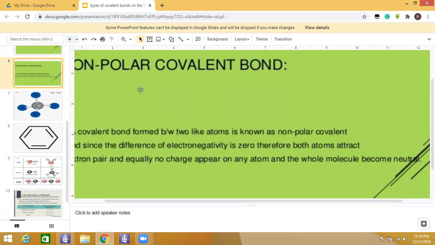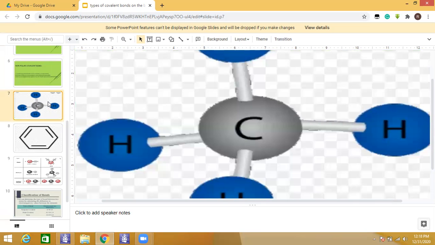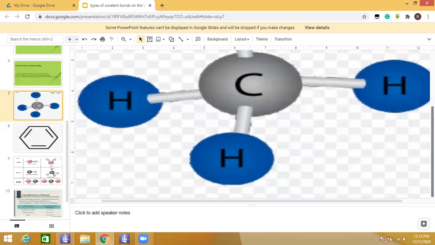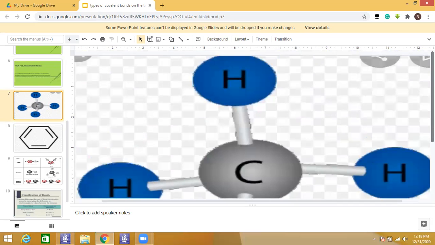Such a bond is known as a non-polar bond. So the bond between two atoms having equal electronegativities is the non-polar bond. For example, the oxygen molecule, chlorine molecule, Cl2, O2, N2. These all have non-polar bond characteristics.